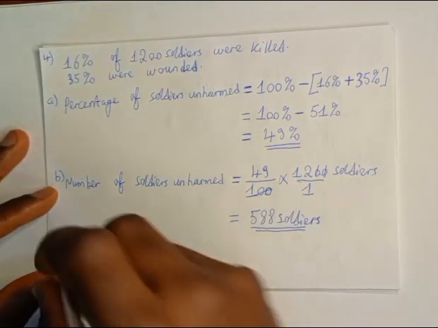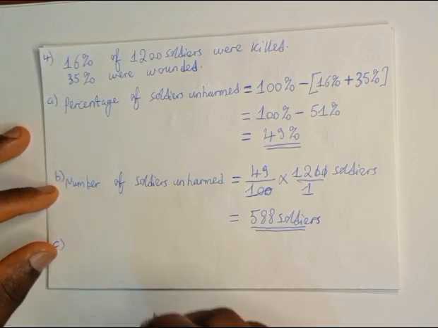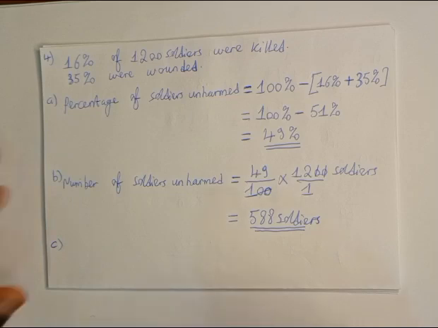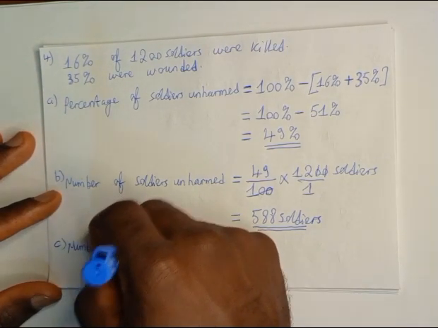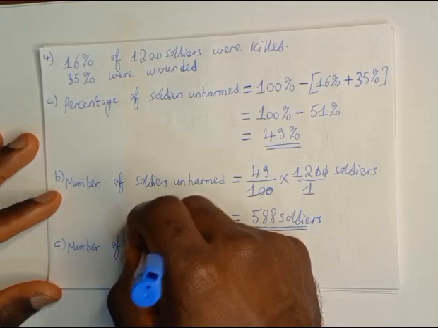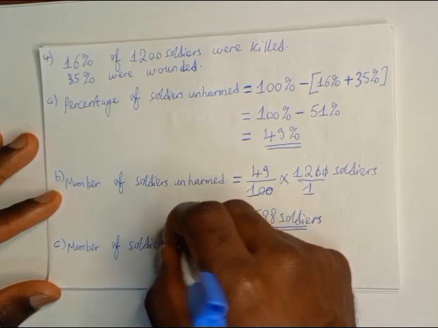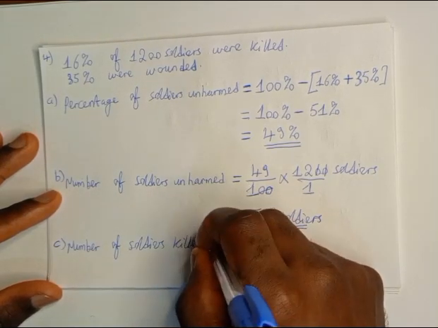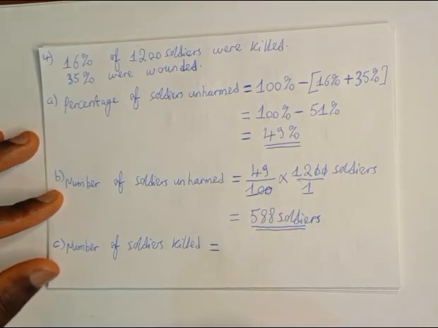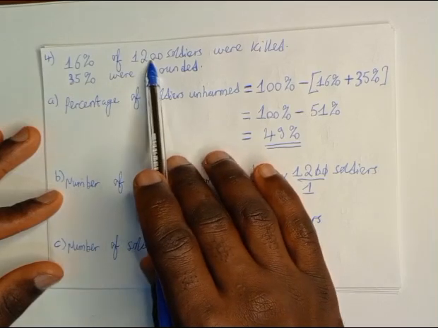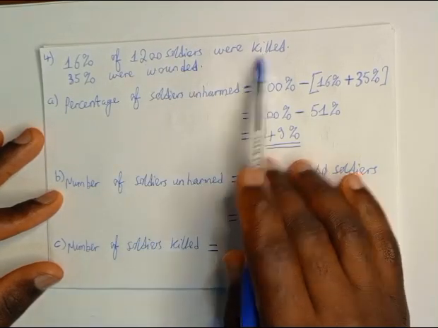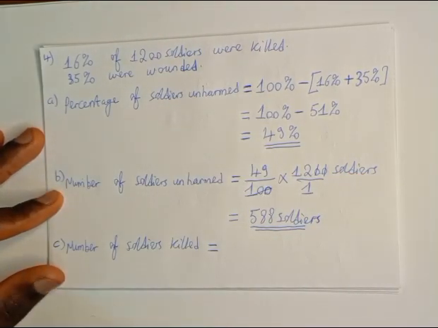We go now to question C. C is asking us how many soldiers were killed. Number of soldiers killed will simply be equal to 16% of 1,200 soldiers were killed. We are going to express 16% as a fraction.